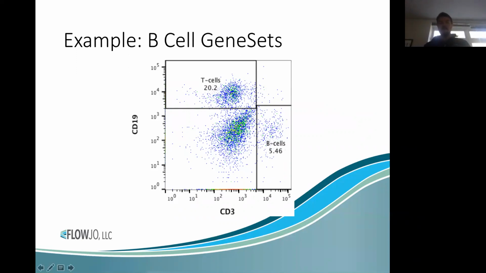So again, B cells here are identified by the canonical protein markers, CD19 positive, CD3 negative.